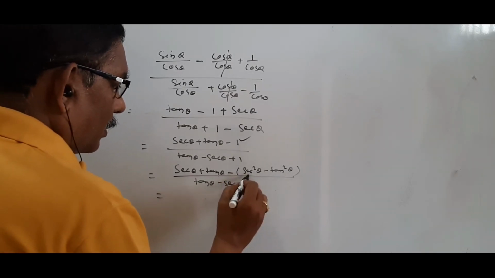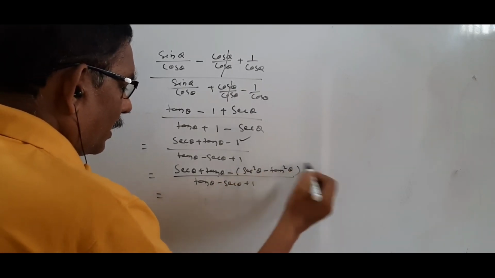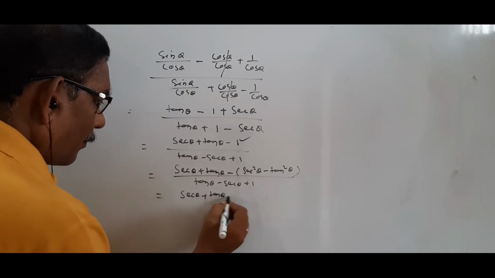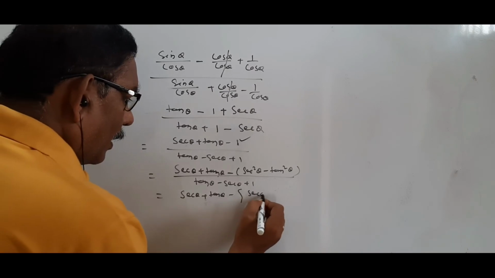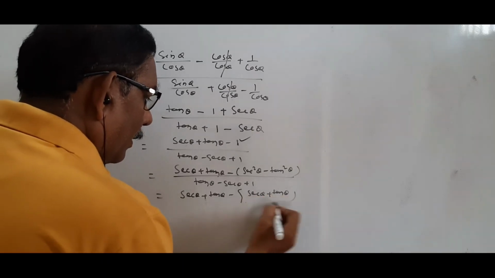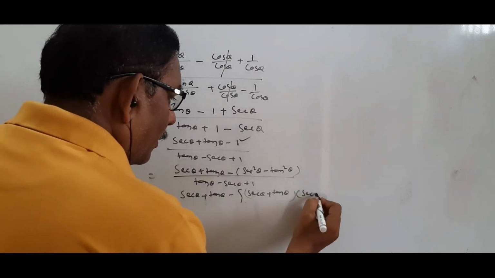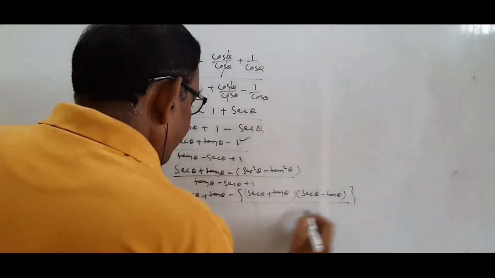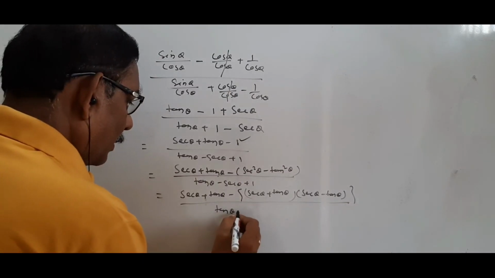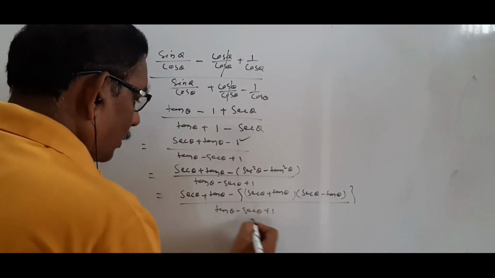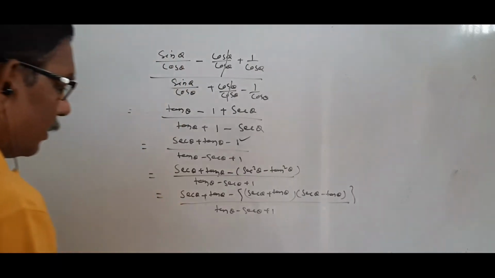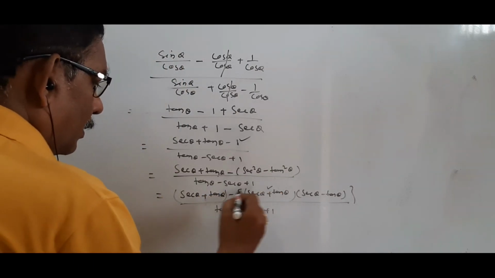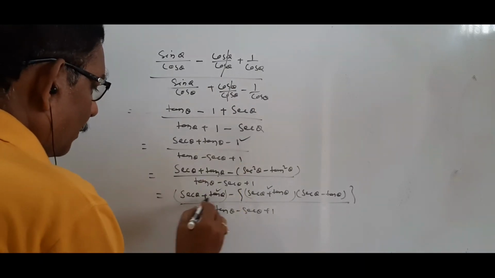A square minus b square: you convert in terms of a plus b and a minus b. That is sec plus tan times sec minus tan. This is the a minus b part. So here now, tan theta minus sec theta plus 1. Now take common sec plus tan outside.